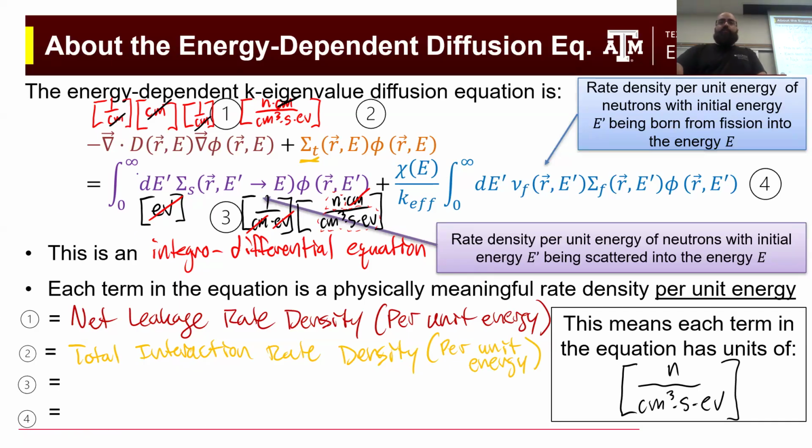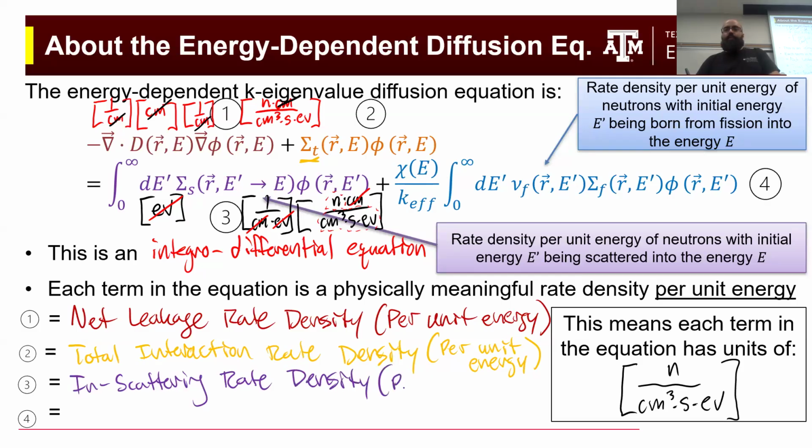Term 3 tells me about neutrons that are scattering from all other energies E prime into my current energy E. So this is what I'll call my in-scattering rate density, my in-scattering rate density per unit energy.